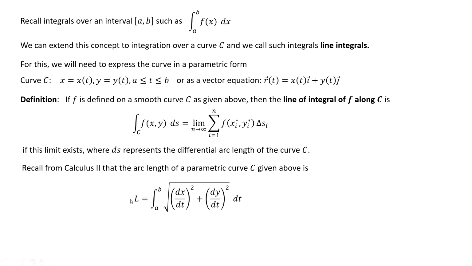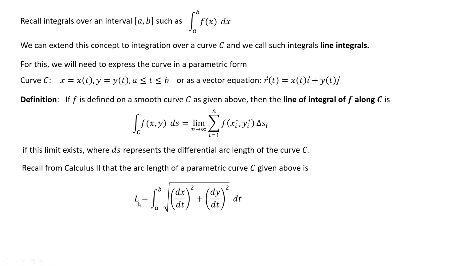So what do we mean by ds? ds means instead of going from a to b, we are going from some t equals a value to t equals that value plus delta t, a small change in t. Okay, so that's what we are talking about.